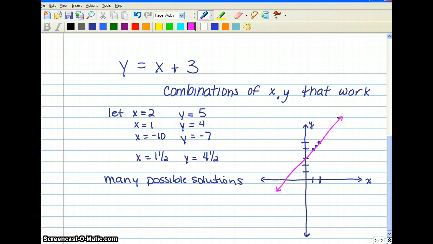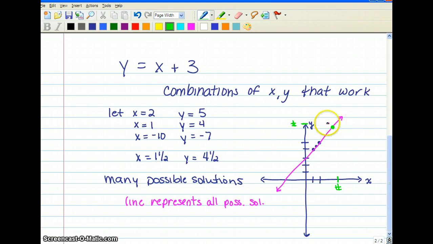And what it means is the line represents all possible solutions. So if we went to this line and we put a dot right here, I have no idea, because this is not real graph paper, how far over and how far up that is, but whatever it is, that X number here and that Y number here would be, if I took the X number and added 3 to it, it would give me this Y number.